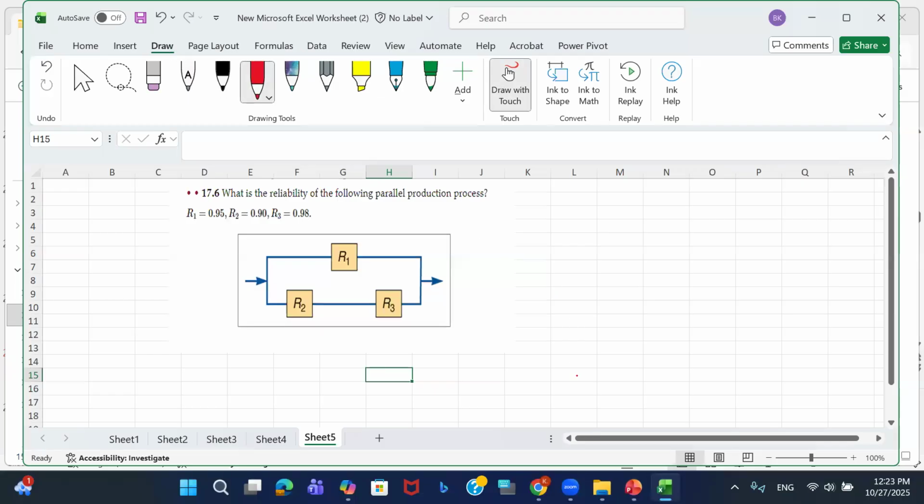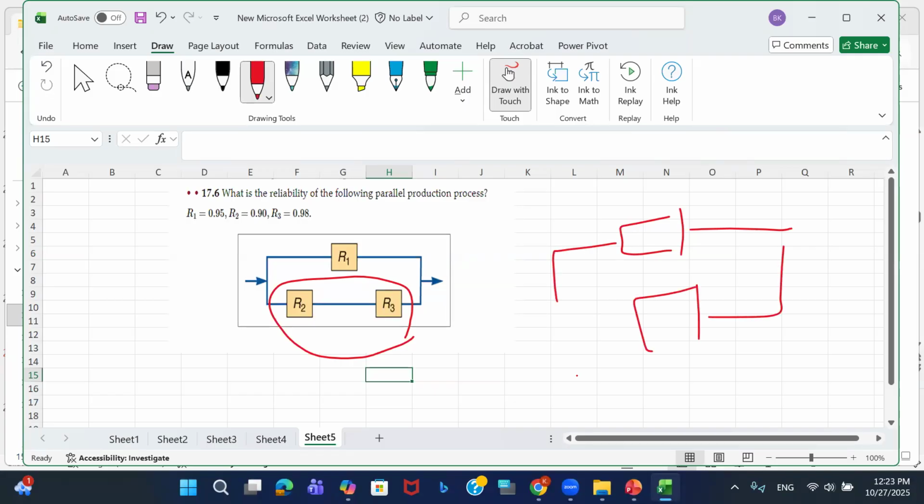Okay, as I said, we need to first find the reliability for these two. These are in series, which are R2 and R3. Then I draw the circuit again, or the network.